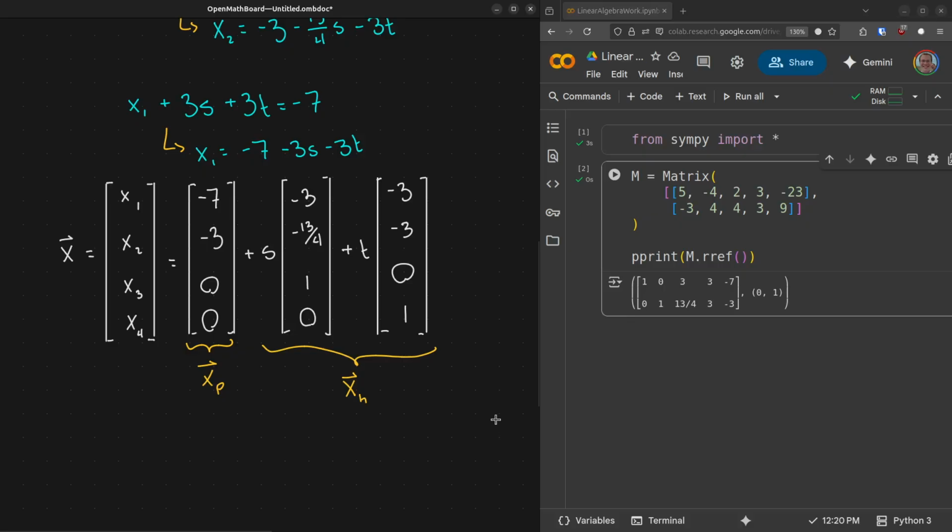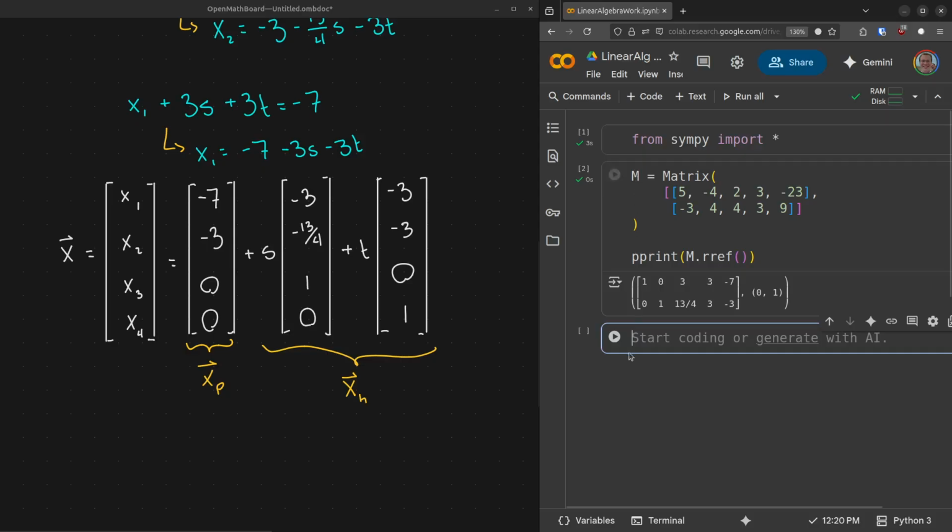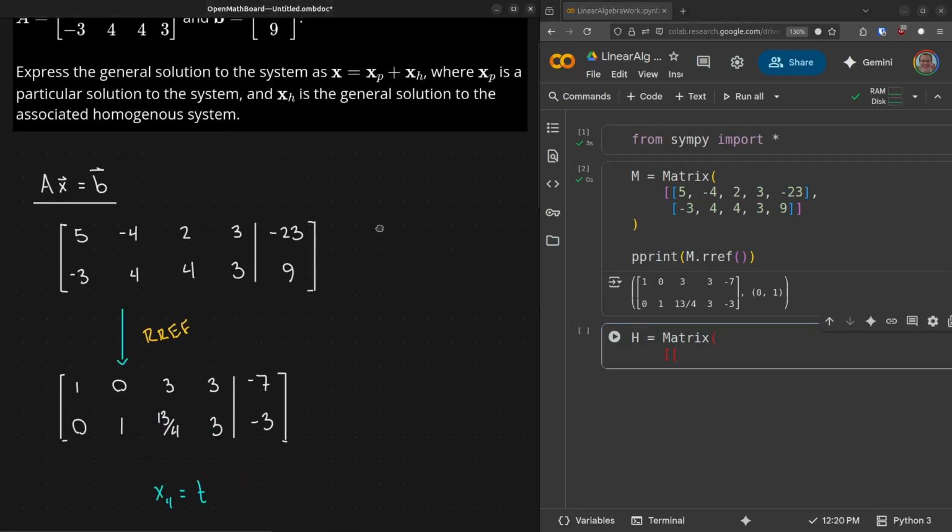All right, and we can check that if we solve for the homogeneous system. So I have one matrix M. Let's get another matrix. I'll call it H for homogeneous. Okay, it's going to be almost the same thing, but all zeros here. And remember, when we have all zeros in the augmented part, we customarily don't write them out because we know as we do elementary row operations, those will just stay zeros.